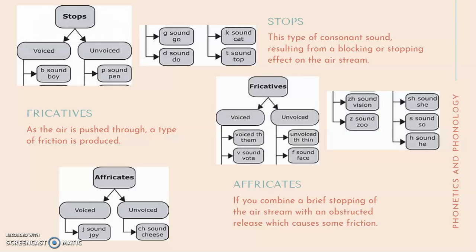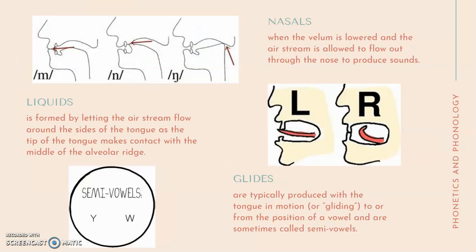Then we have affricates. You combine a brief stopping of the airstream with an obstructed release, which causes some friction. Next we have nasals.